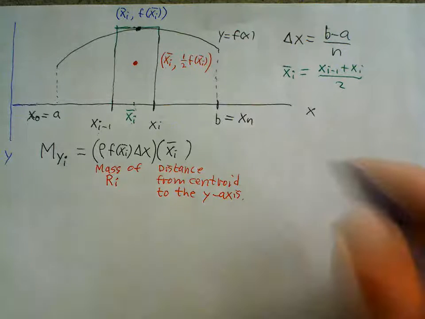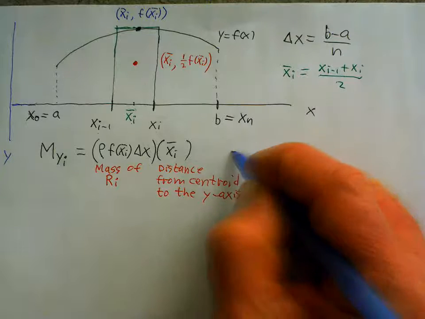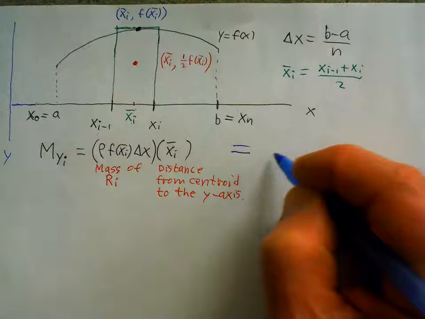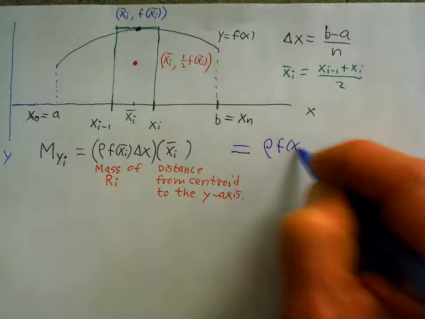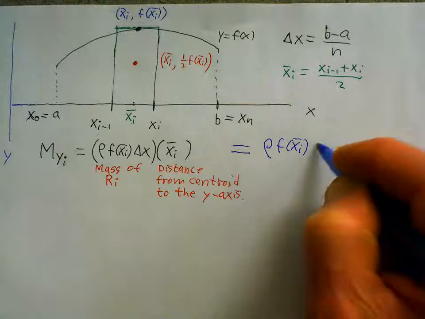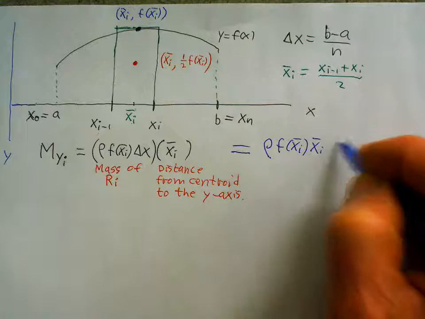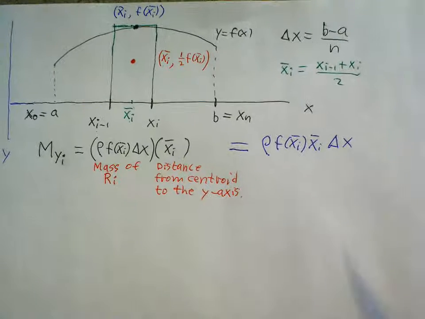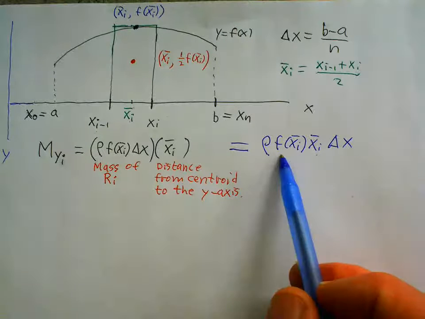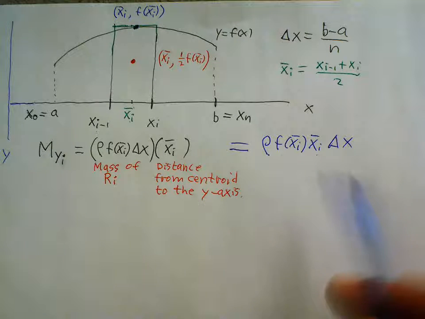Okay, so if we rearrange this, we can write it as rho times f of x sub I bar times x sub I bar times delta x. Or you could put x sub I bar times f of x sub I bar also.